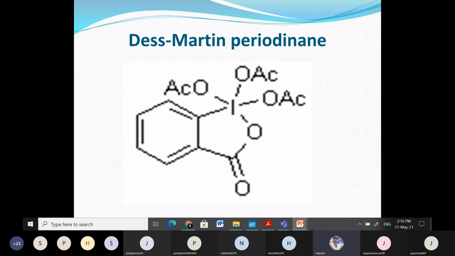So what are the other alternatives? We can go for the organic oxidizing agent, and this one is DMP, which is known as an organic oxidizing agent. But when we are using DMP, we have to take some precautions.